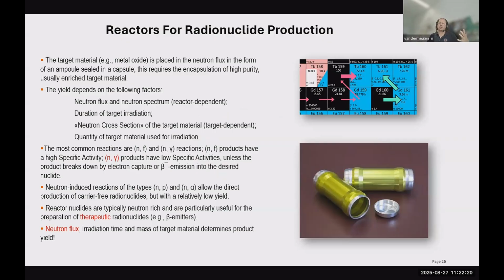The targetry is vastly different here. One has to produce target material and put it into a quartz ampule and seal the ampule. Then that ampule is sealed with aluminium foil, and the aluminium foil is then placed into a capsule similar to what you see on your screen now, which is then sealed by means of electron welding.